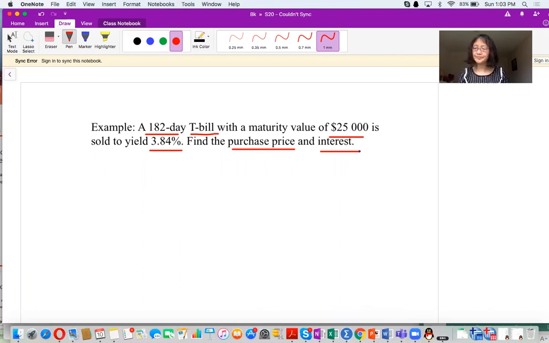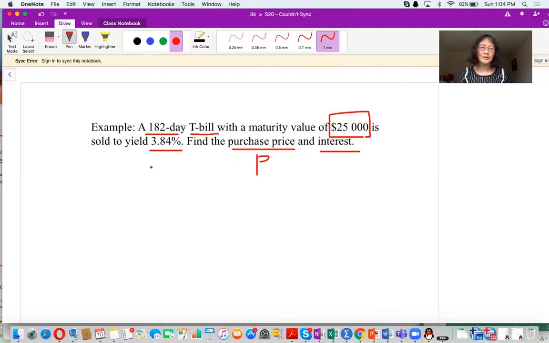So remember the Treasury bills, this number is the face value. It is actually the future value. And the question asks you the purchase price. So what is the present value? The difference between purchase price and face value is the interest.